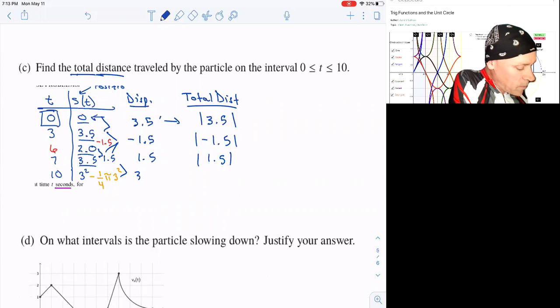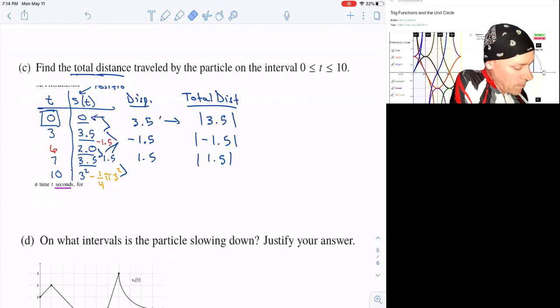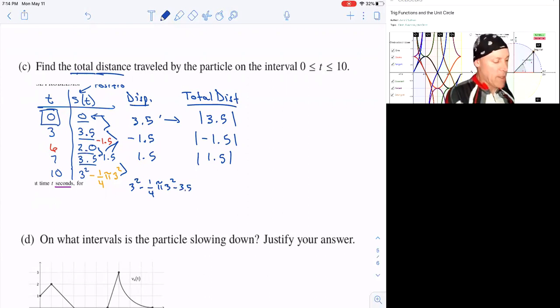That displacement would be exactly, the way I want to do that is I want to do 3 squared minus 1/4 pi times 3 squared minus 3.5, and then total distance is just going to be the absolute value of that.